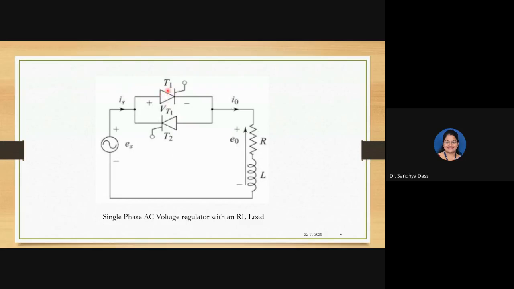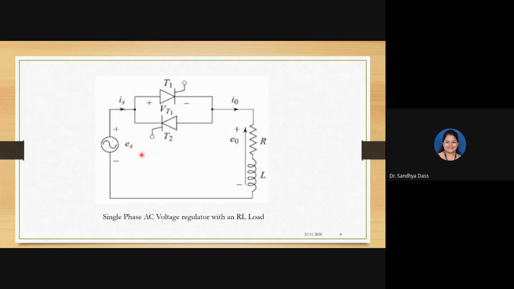Based on the time at which we turn on the thyristors, that will decide how much power will reach the load. So that is the significance of power devices. We have already completed 3 modules. This is the last topic of module 3. So by this time, you should be familiar with what a power device is, its significance, its applications, why it is used, and all that.